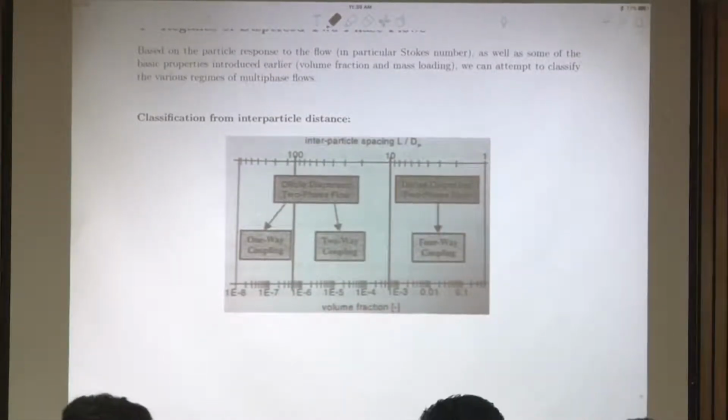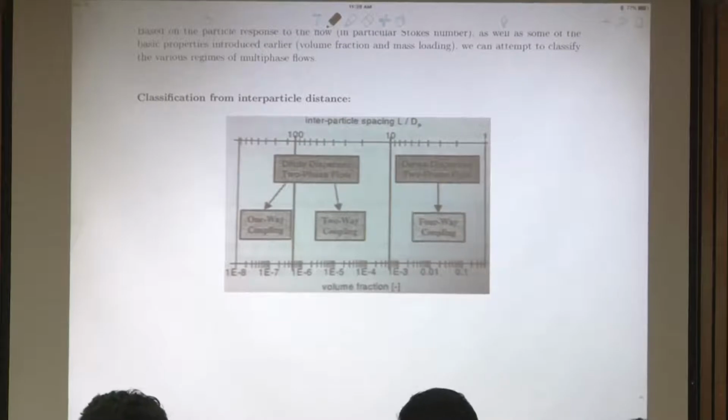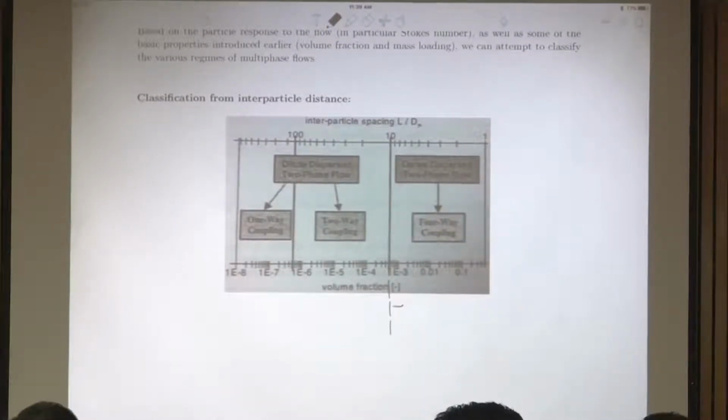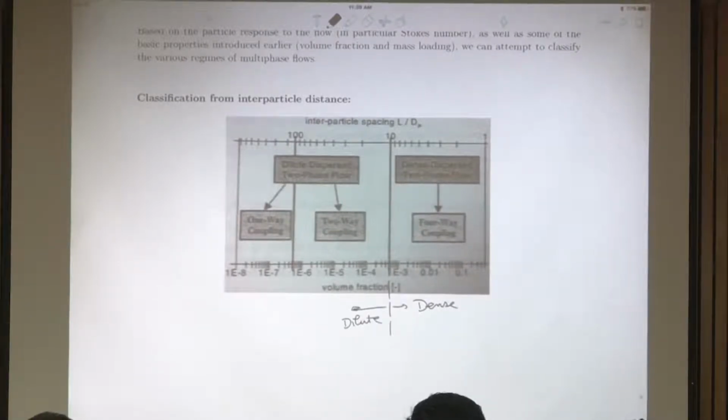We talked about the difference between dense and dilute two-phase flows, the limit being reasonably set at a volume fraction of 10 to the minus 3. Above that, the interparticle spacing is not that large compared to the particle diameter. Collisions should happen.